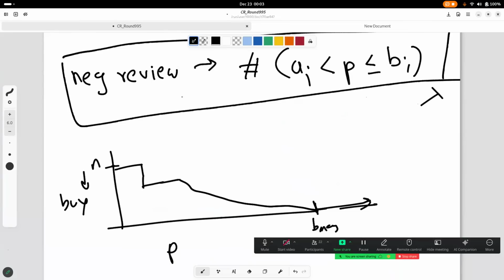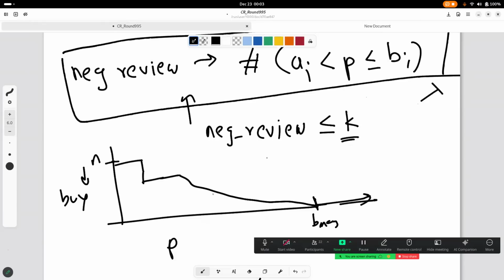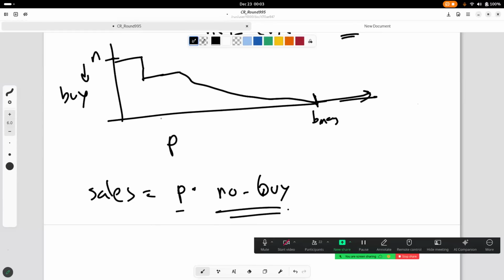And if you add on to that the condition that the number of negative reviews has to be less than or equal to k, then it becomes very difficult to binary search on this. To begin with, the number of people buying your product is monotonically decreasing, or non-increasing basically.